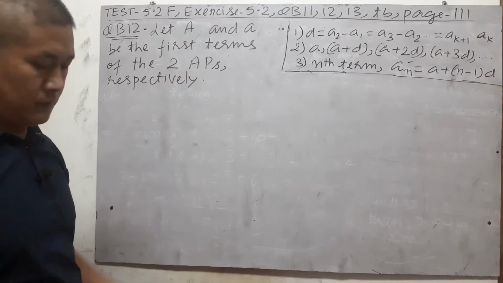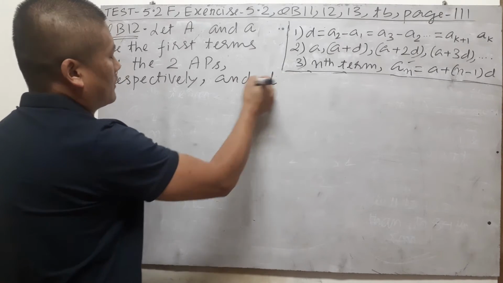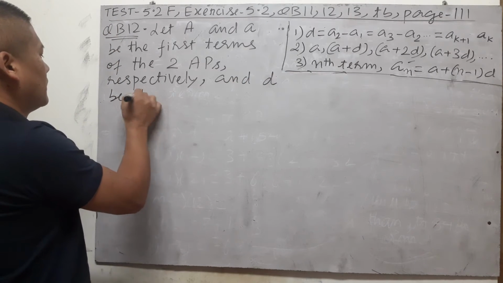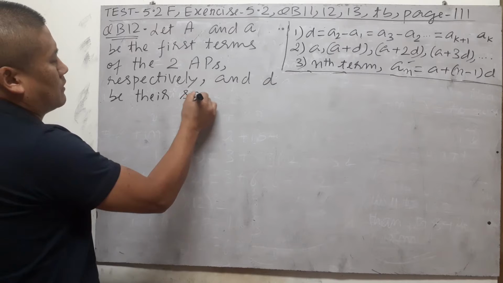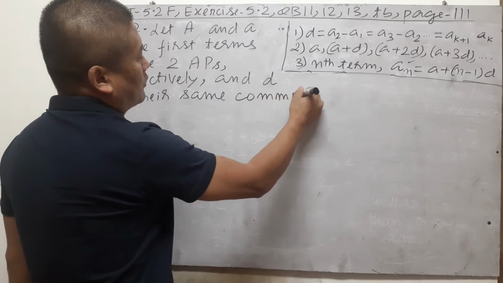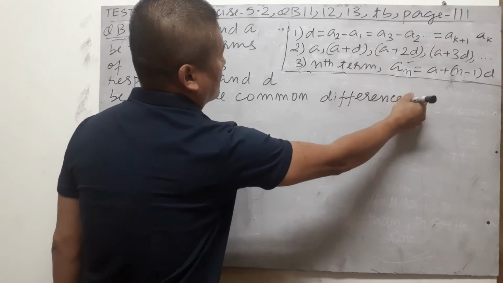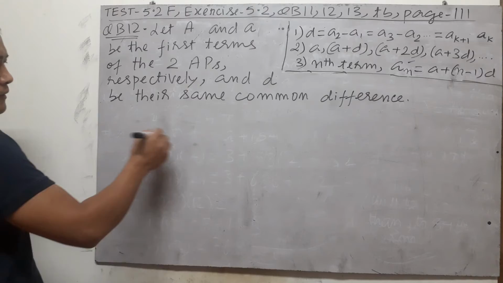That's the meaning of respectively here. And d, small d, be their same common difference, because the question is saying they have the same common difference.